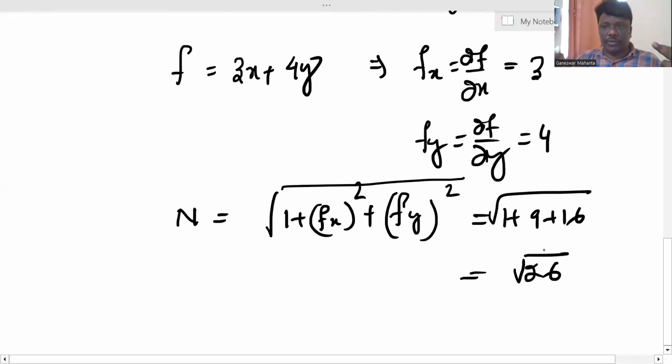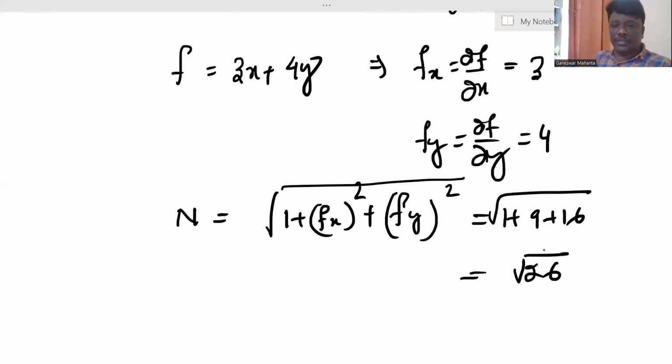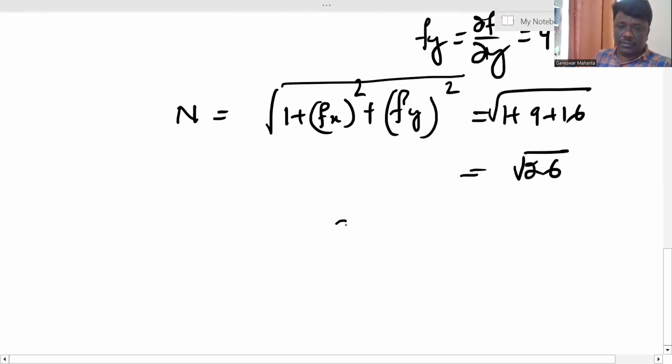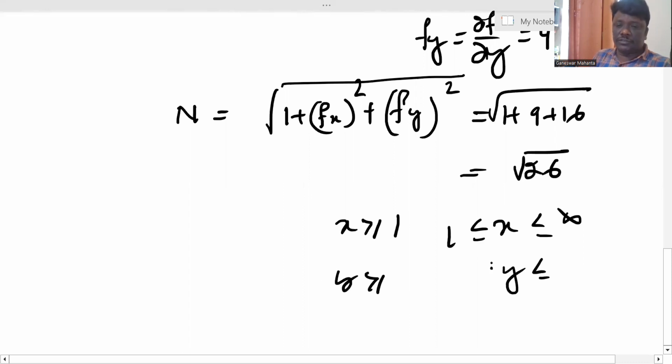Also you have to evaluate the limiting values of the integration, because this surface is given. X is greater than or equal to 1, that means the limiting value of x is 1 to infinity. Y is greater than or equal to 1, so the limiting value of y is also 1 to infinity. So we apply the GRDA method.